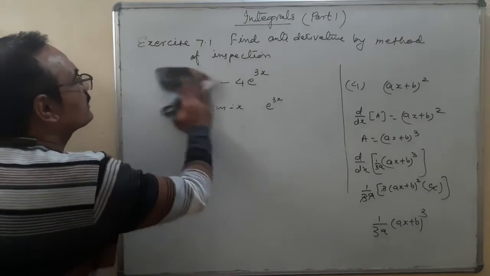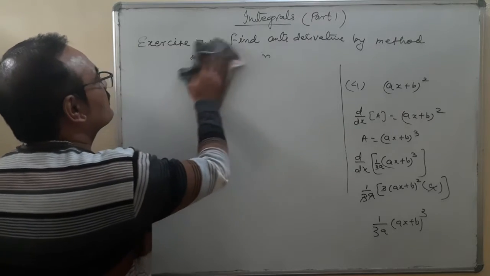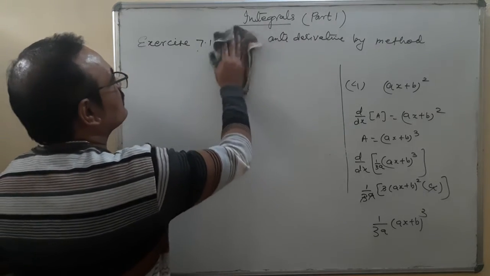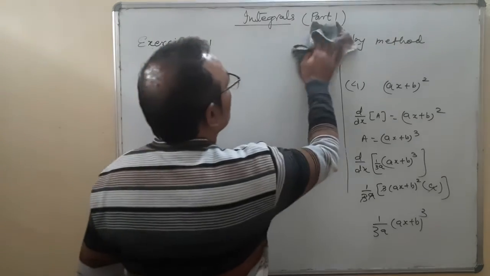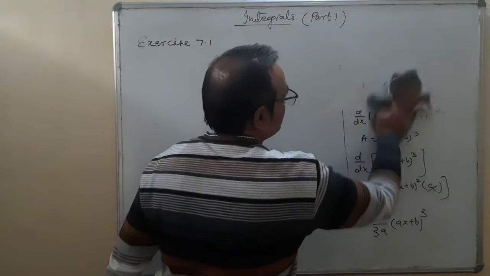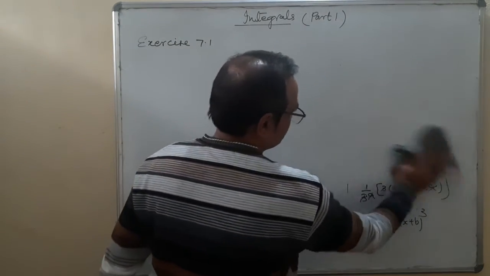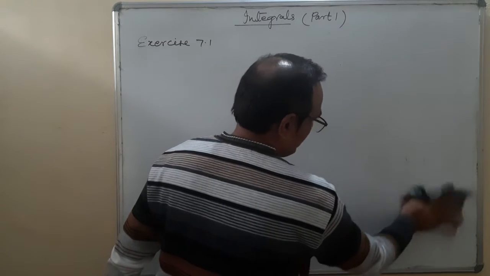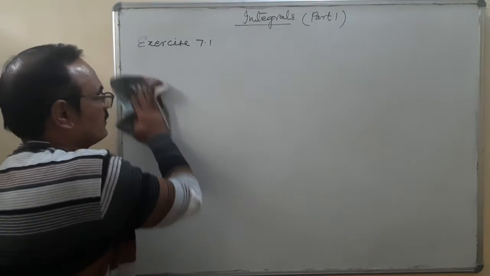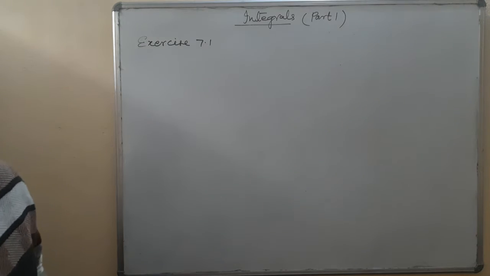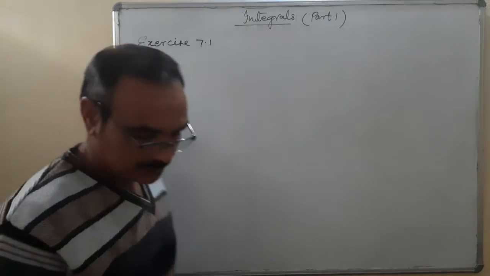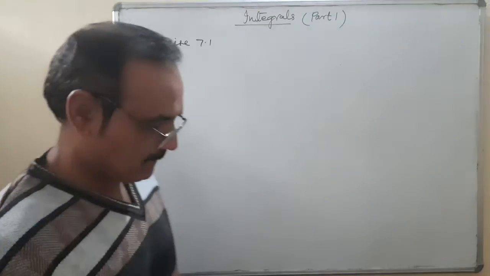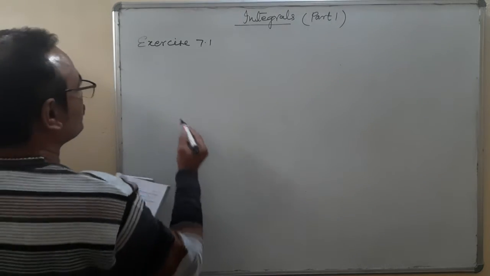Now we are starting another question from this exercise. Now this condition is removed. Now you can solve the question by integration method. Okay. Some questions I am taking from this exercise. Question number 6.